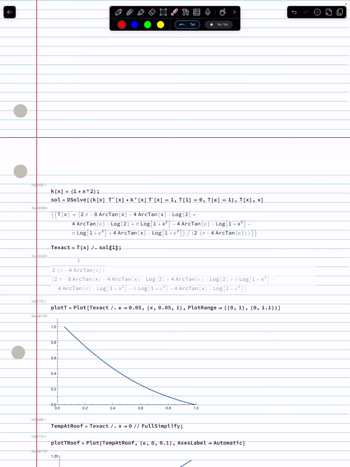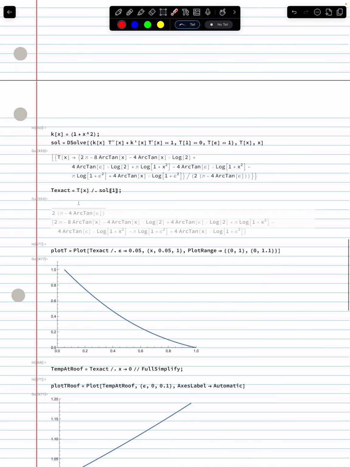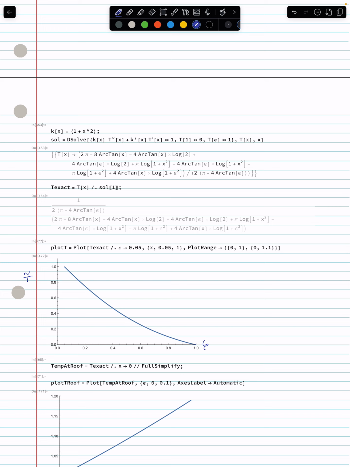The exact solution to that equation is a bit involved, but it's not impossible to manage just by hand calculations. I just extract the solution from the solver, and then I plot it. And this corresponds to what we have earlier. So we have a value of the temperature as a function of xi, or as a function of x in this problem.